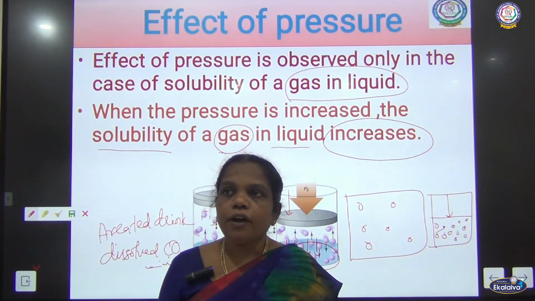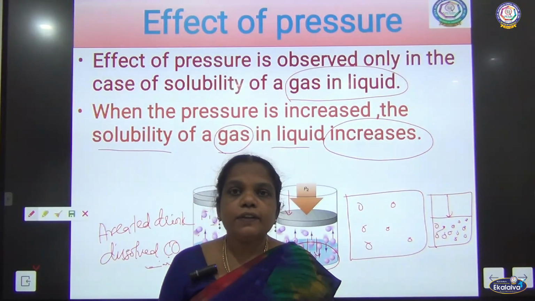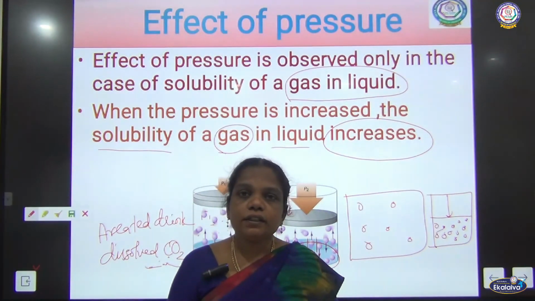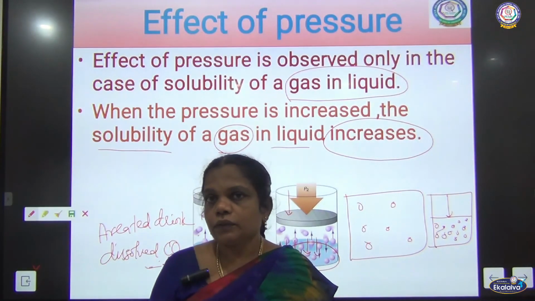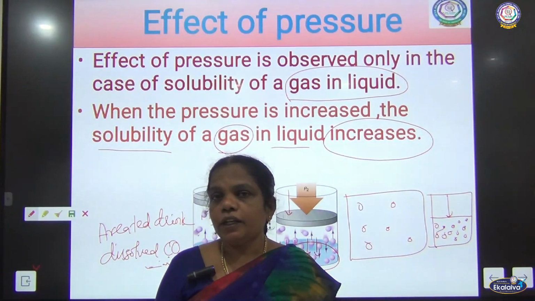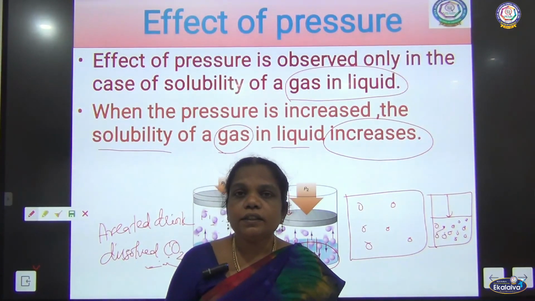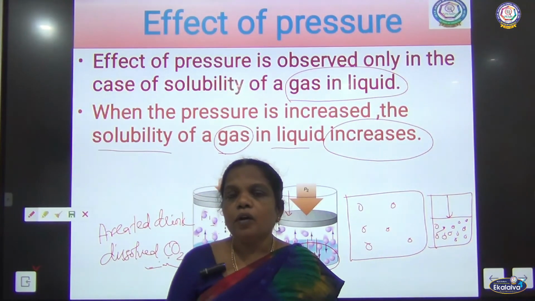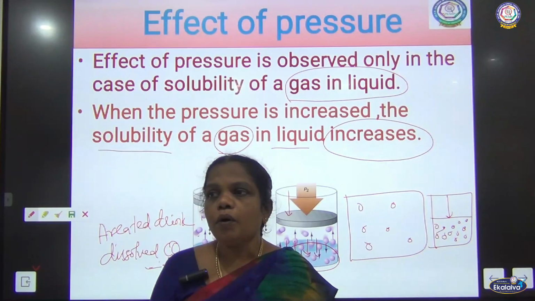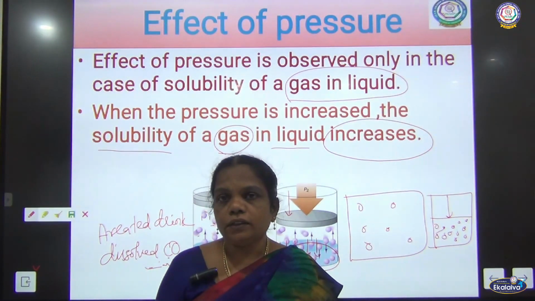By this you can find the percentage of solute. Already I have taught the saturation point of various chemical substances. For common salt, the saturated solution is 36 grams of sodium chloride in 100 grams of water. So these are all about the factors of solubility.